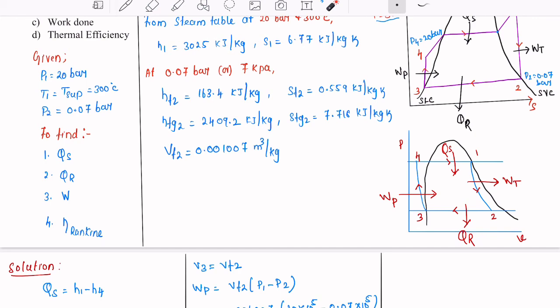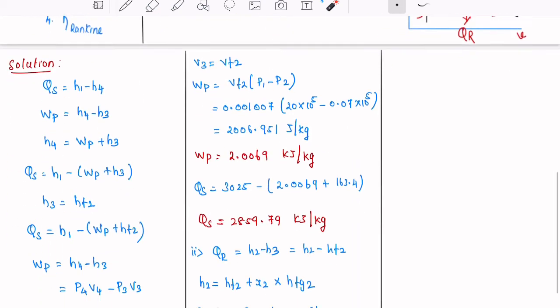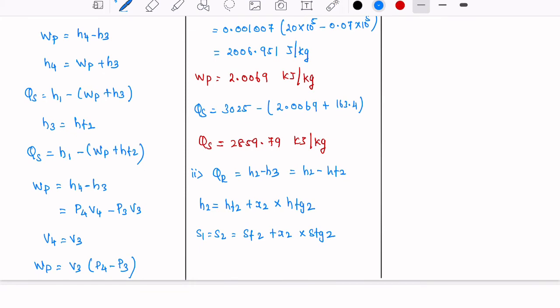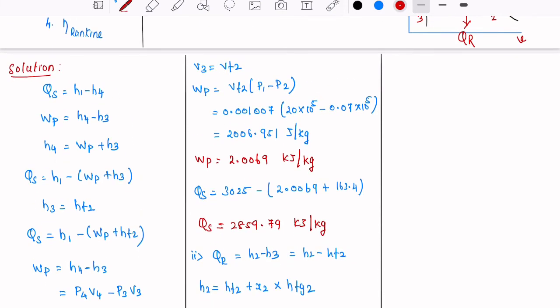By substituting all these values, you can find the value of X2. That is, 6.77 is equal to SF2, given as 0.559, plus X2 into SFG2, given as 7.718. From this, the value of X2 is calculated as 0.8.